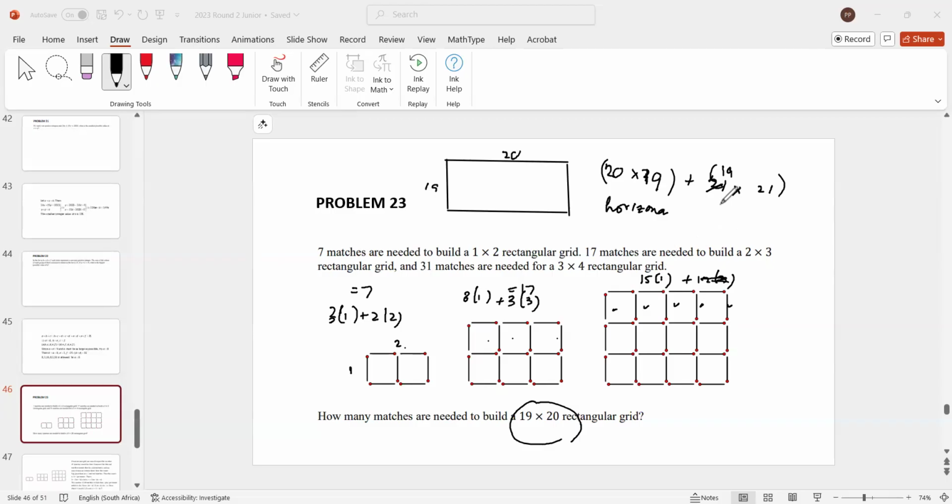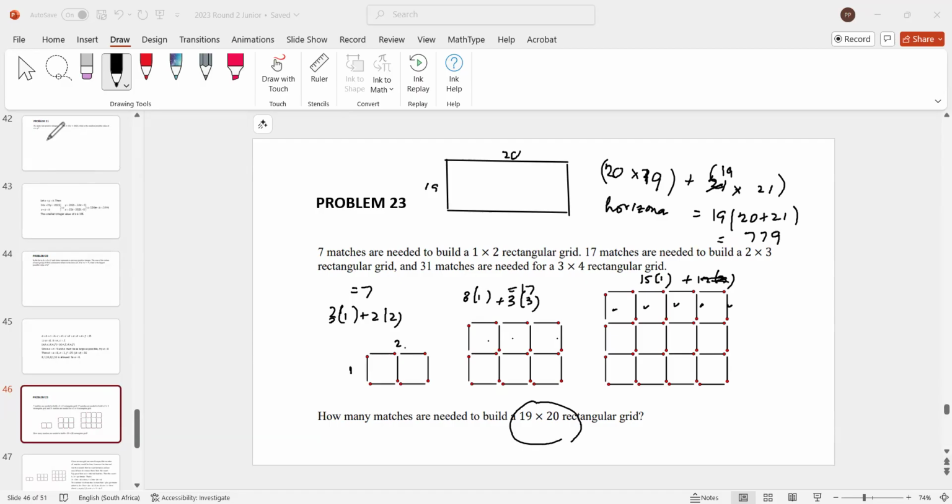Yeah. So the answer should be 19. 19 is the common factor. 19 into 20 plus 21. 19 times 41 is 779. Okay, so the answer is 779 matches.